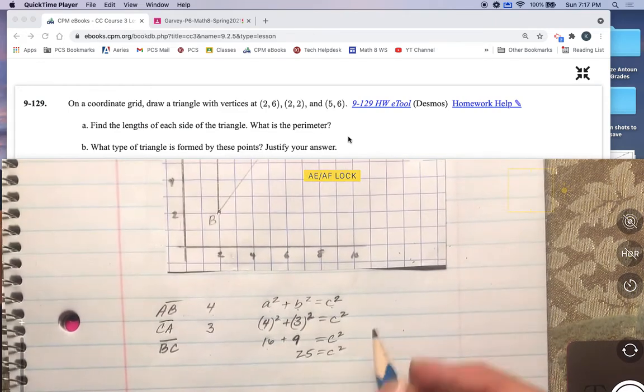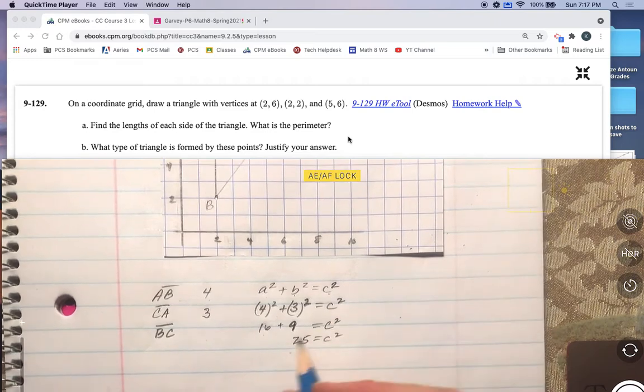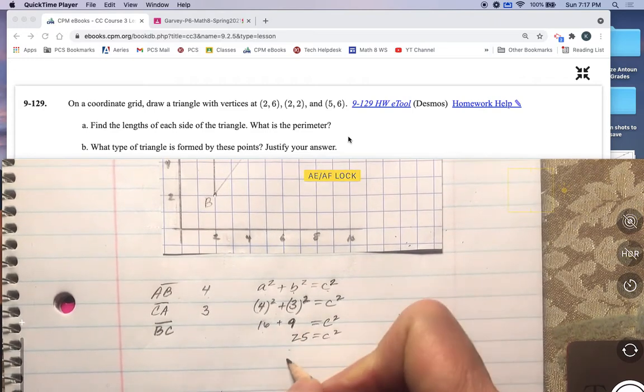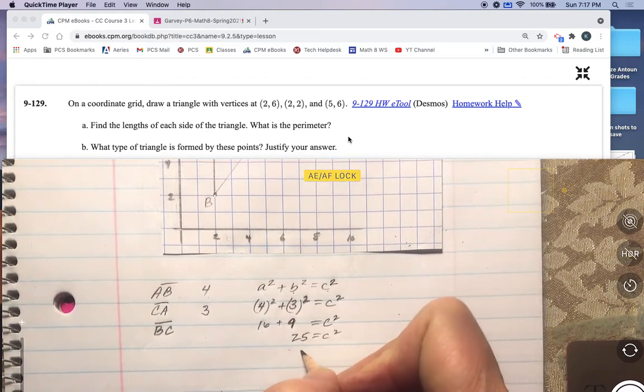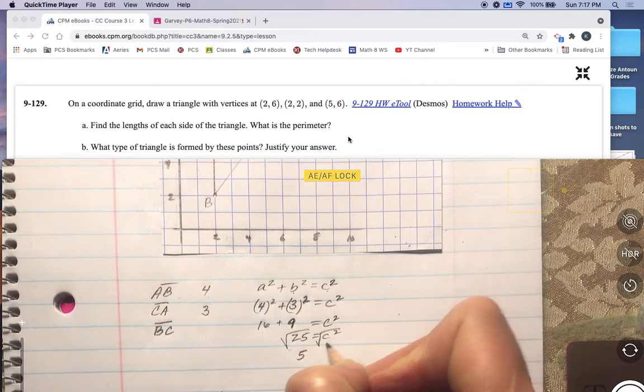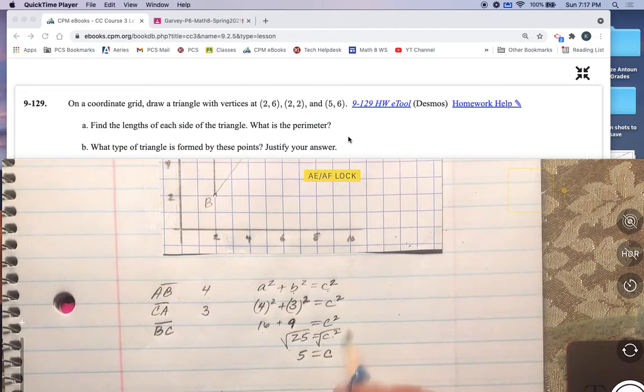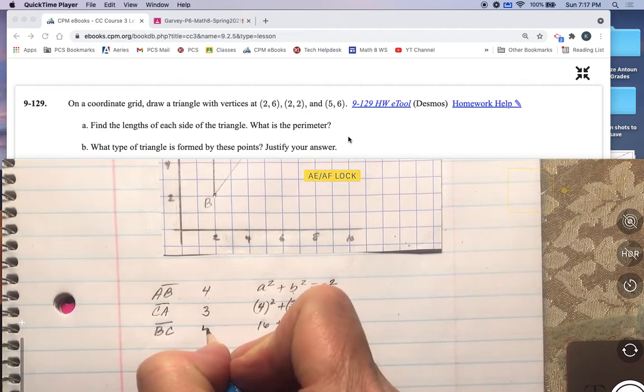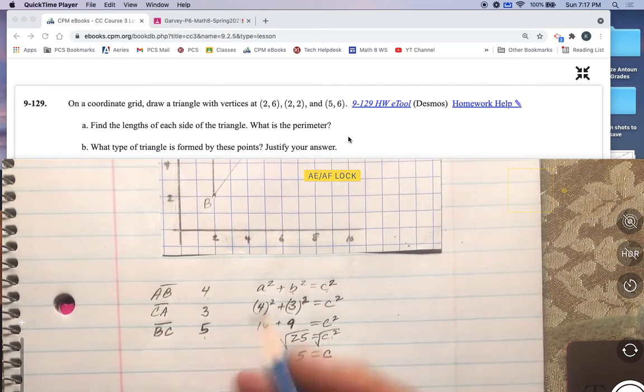Okay, so now we have to take the square root of both sides. And the square root of 25 is 5. And the square root of c squared is equal to c. So now we know our missing side length is 5.